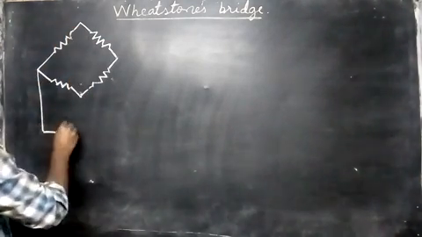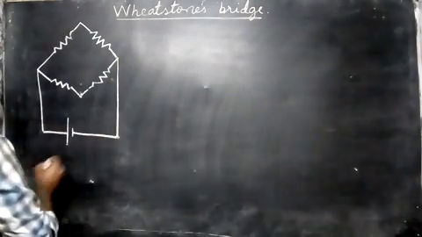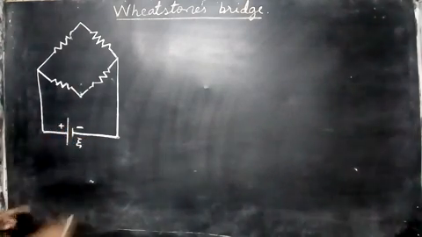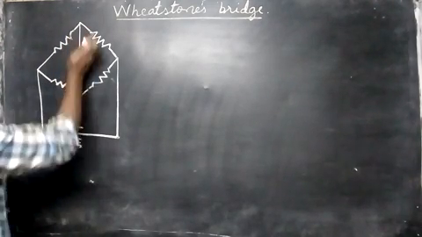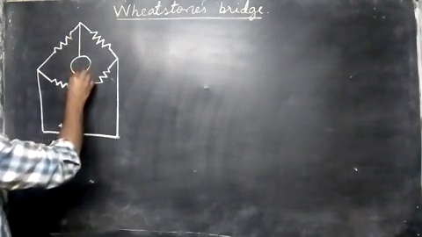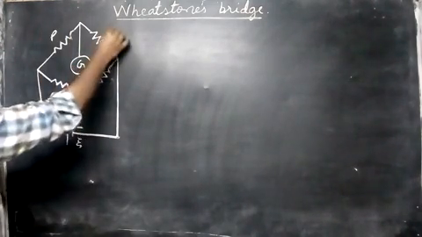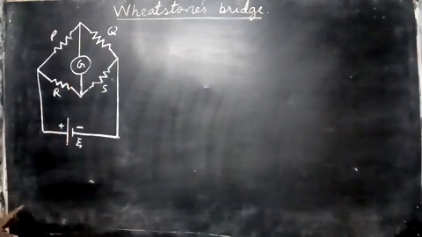Then we have a cell like this. The cell has an EMF ξ. This is positive, this is negative. And in between we have a galvanometer. This is a galvanometer. The 4 resistors we name as P, Q, R and S.